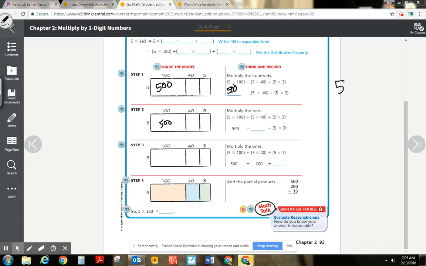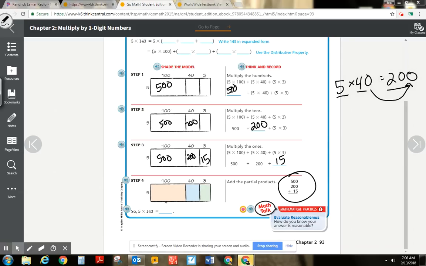Well, 5 times 40, remember, 5 times 4 is 20, move that 0. It's 200. And then the third step would be, I already have that 200, 5 times 3, and we know that 5 times 3 is 15. So then we put all of these together, and we get 715.